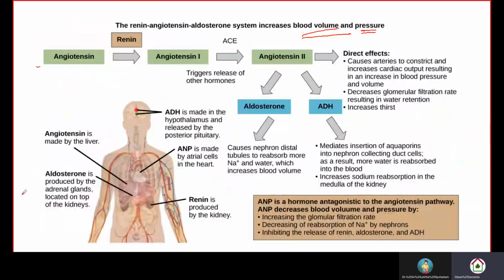So in the presence of renin, angiotensinogen becomes angiotensin 1, and in the presence of ACE, this is angiotensin converting enzyme, secreted from the lungs. Okay, enzyme.